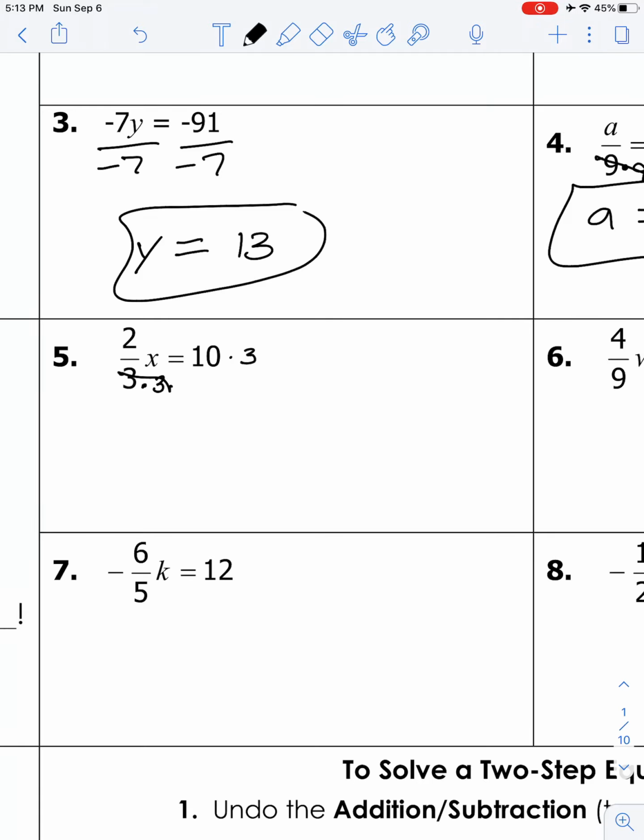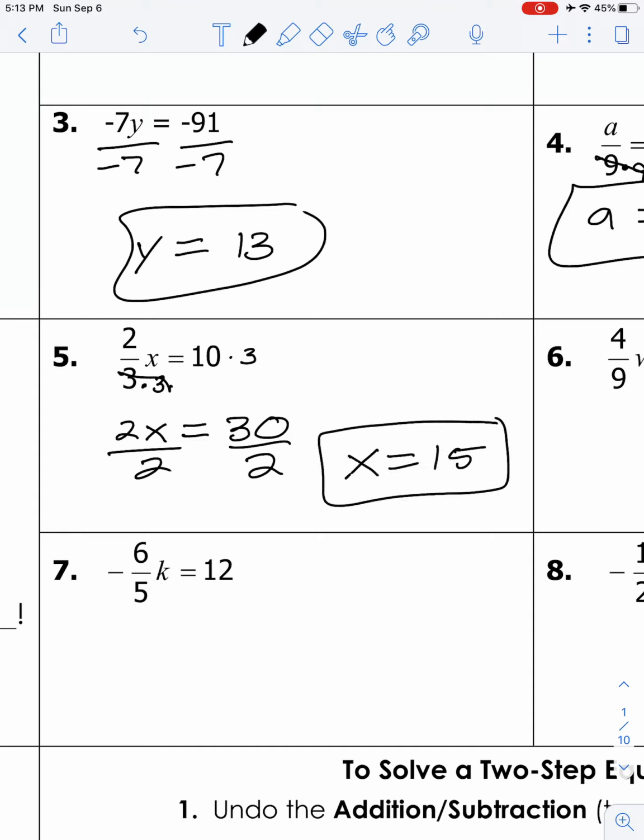So that would leave me with 2x equals 10 times 3, which is 30. And then it basically just becomes like number 3. You divide by 2, and your answer is 15. All right, let's try another one just like that.